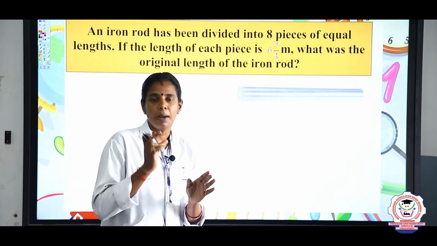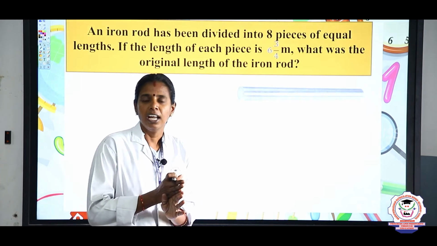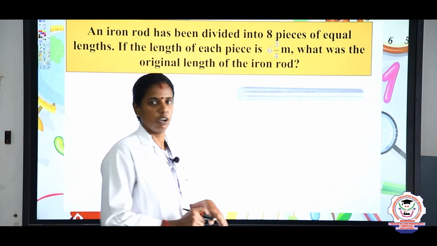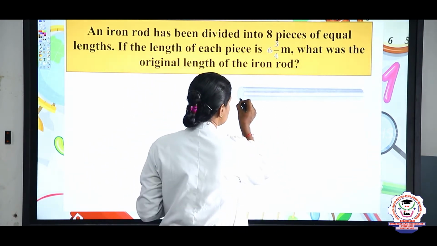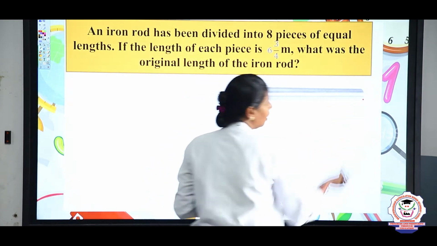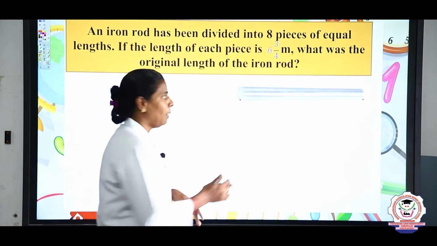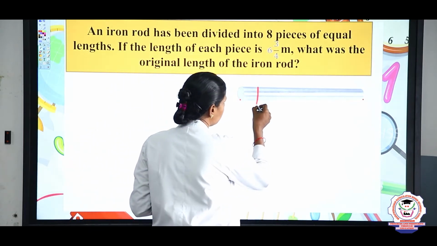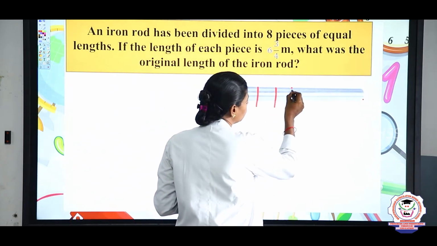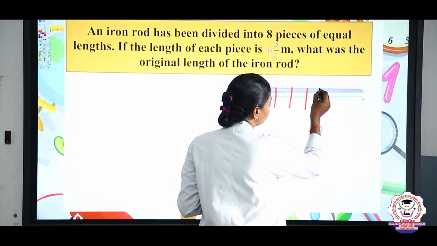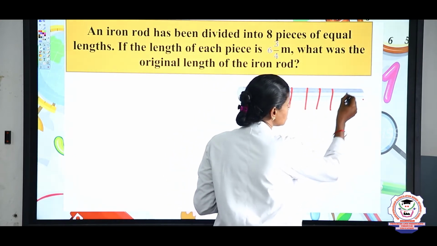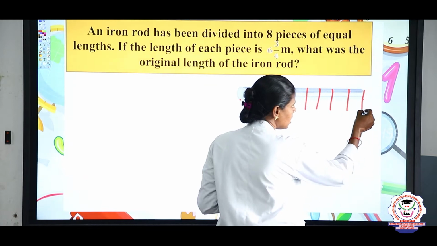A fraction is a part of the whole which should be divided into equal shares, okay. So, the iron rod starts from here and ends here, and it is going to be divided into 8 equal parts. The first part, 1, 2, 3, 4, 5, 6, 7 and 8 here.